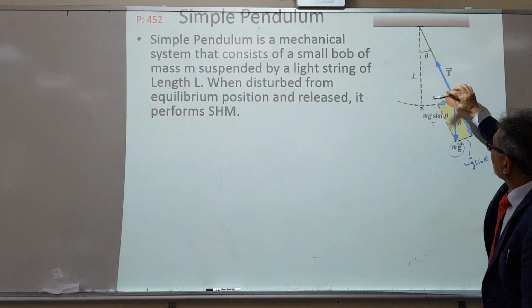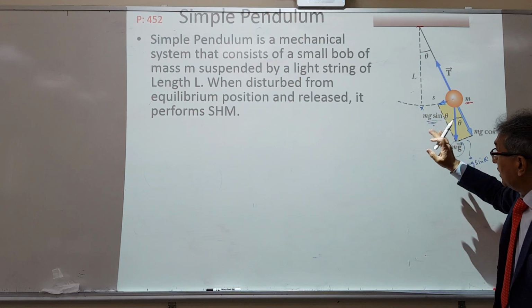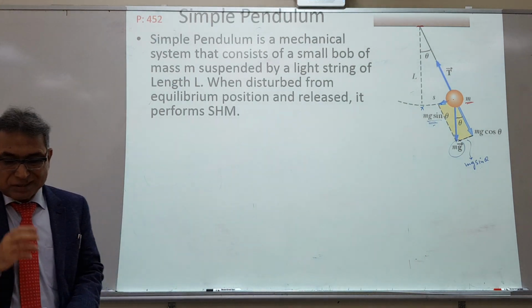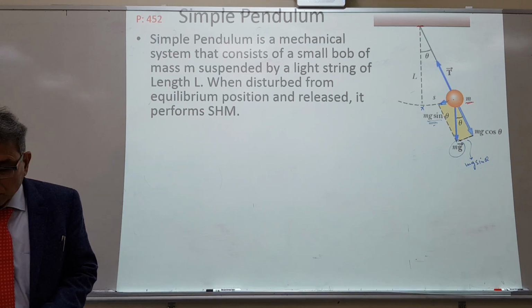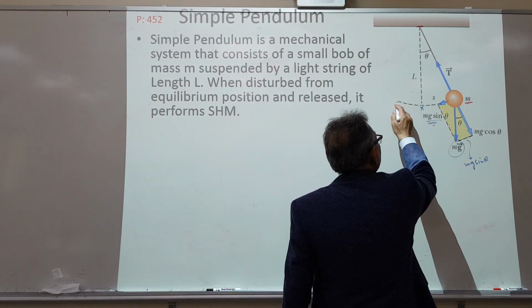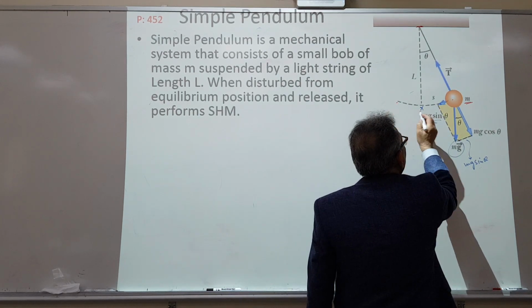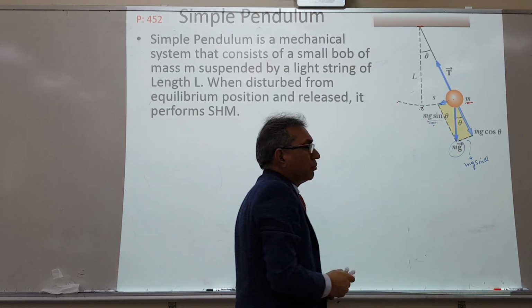So this is parallel to this, so I take this one, which is mg sine theta. This is the restoring force for the simple pendulum, which causes this pendulum to move in simple harmonic motion. Once it reaches this point, it will go back due to the restoring force again. And once it reaches this point, due to inertia, it moves to this side or this side where it is going on.